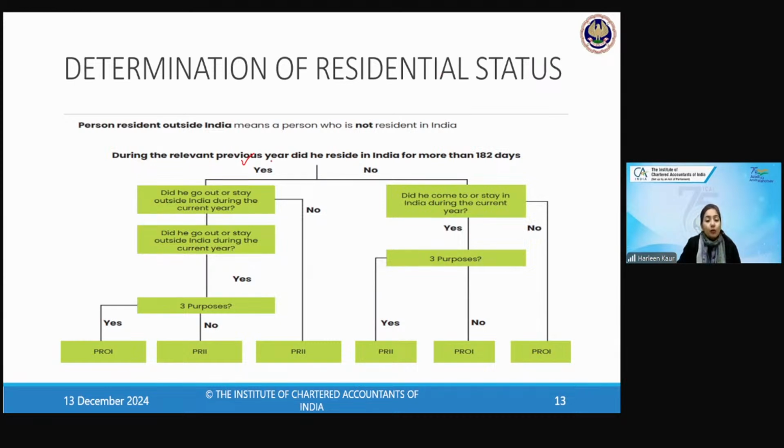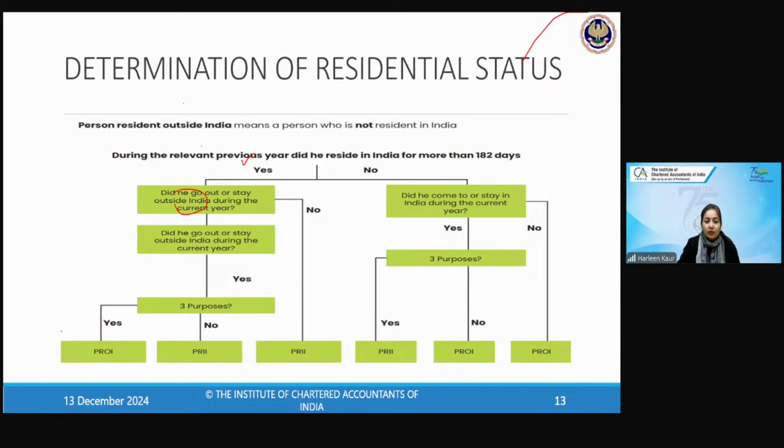And now we have to understand over here, this flowchart is very, very interesting. So I have stayed in India for more than 182 days. Then it is, did I go outside India during the current year for three purposes?